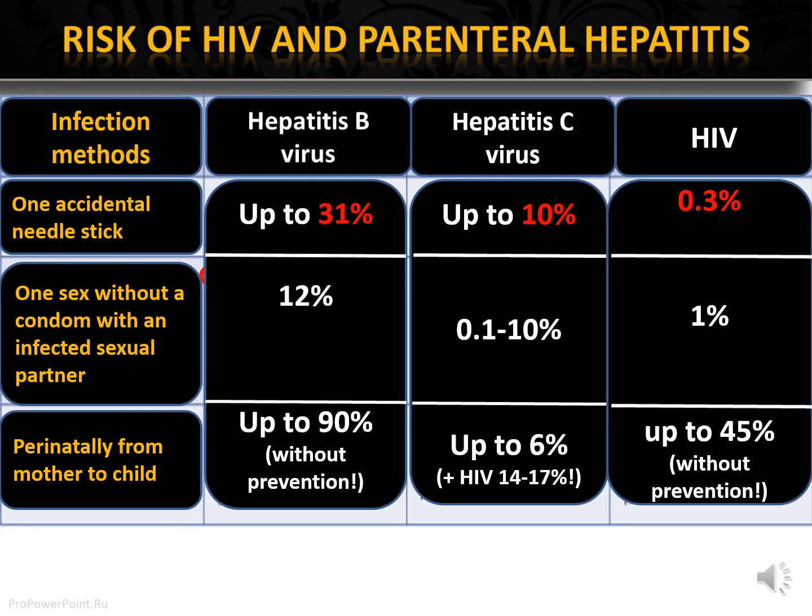Another situation which we try to describe is one sex without a condom with an infected sexual partner, I mean hepatitis B, C, or maybe HIV. And you see that in the same situation, hepatitis B virus is the leader when we describe infection after contact with an infected sexual partner.